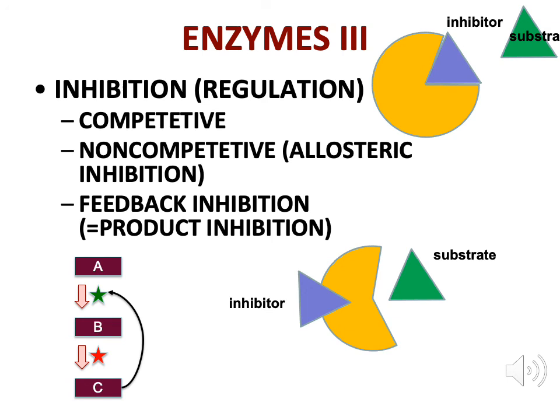So how could I regulate the whole shooting match? Probably the most logical way is to take my product and use it to feed back on the initial step in the reaction. Looking at this illustration, I see substrate A is converted into substance B, which is converted into substance C, and the transition between A and B is moderated by an enzyme, and the transition between B and C is moderated by an enzyme.